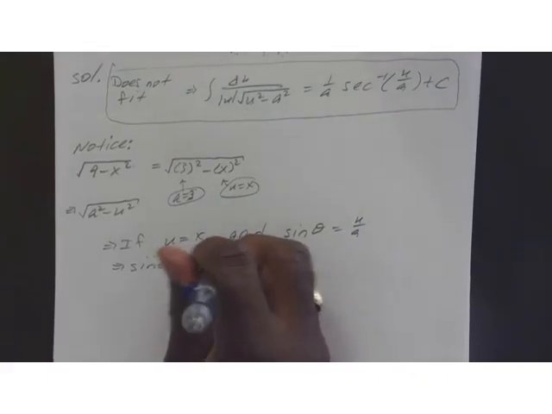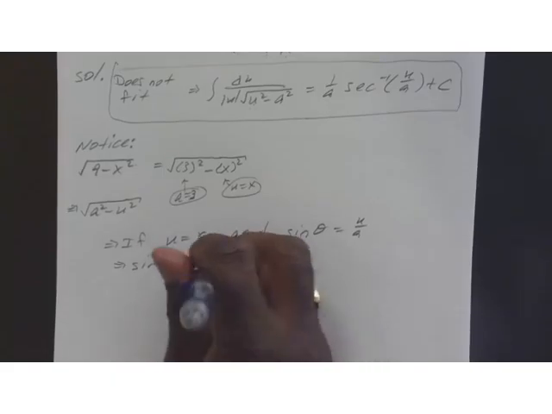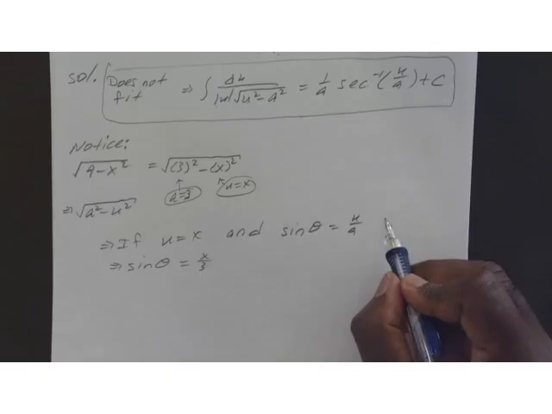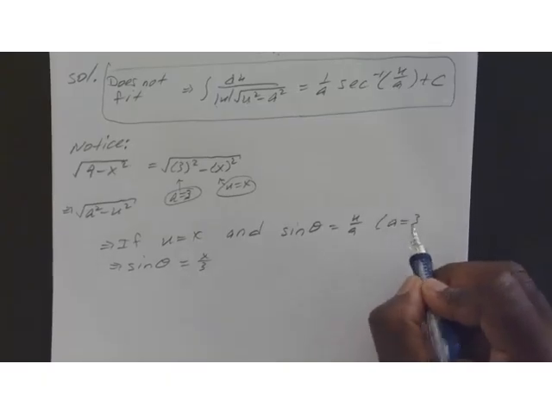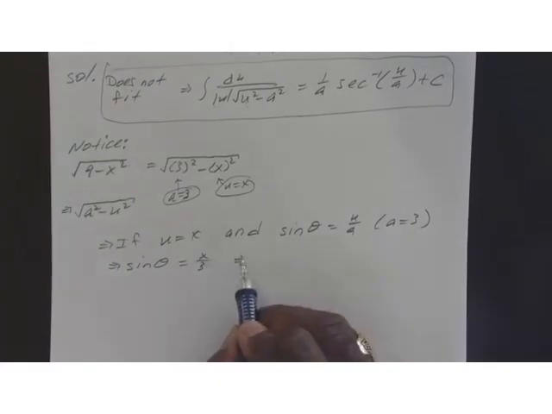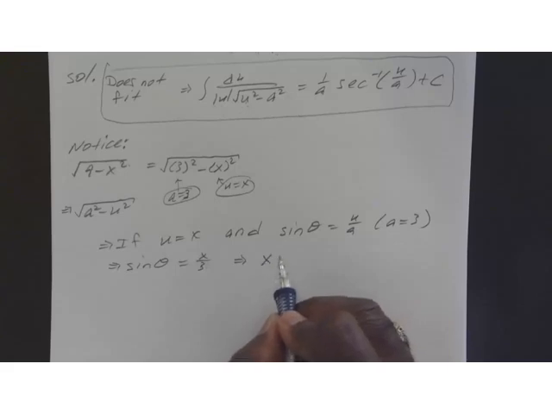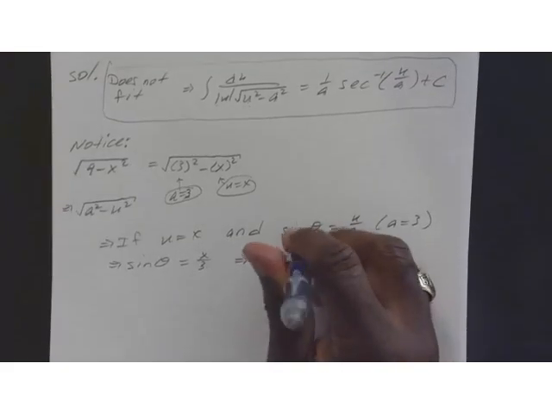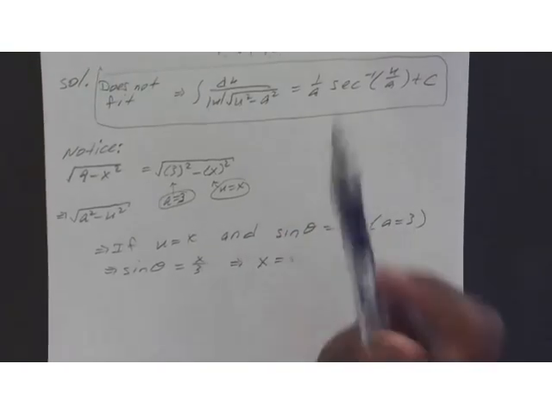Let's go ahead and replace the 3 in that one step. So if we multiply both sides by 3, we see that x is equal to 3 times sine of theta. I was about to put sine of theta times 3 for some odd reason.